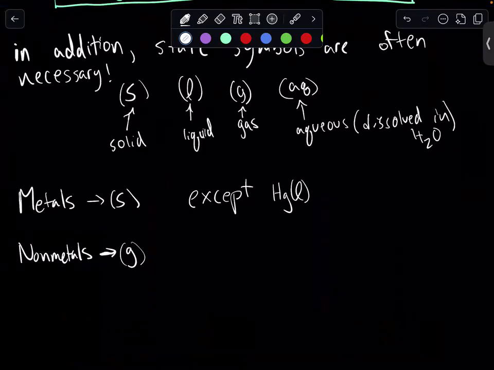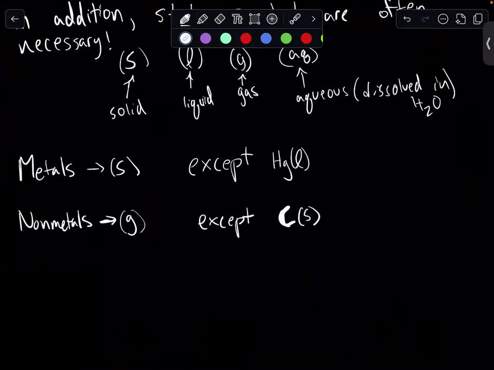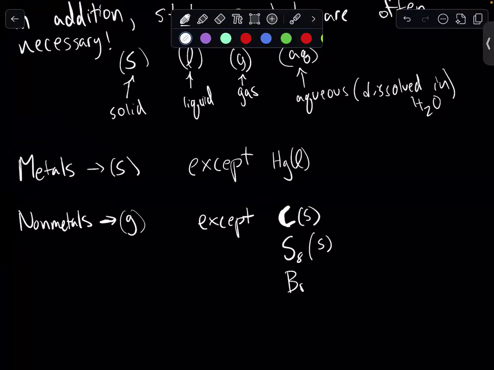Now, there are quite a few exceptions, so we're going to write these out. The exceptions are carbon, which is a solid. You can think about diamond or coal or graphite. Those are all carbon, and that's always solid. Sulfur, S8, usually is a solid. Bromine is a liquid, Br2.